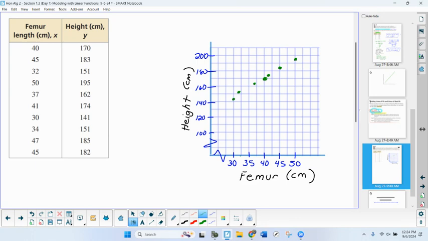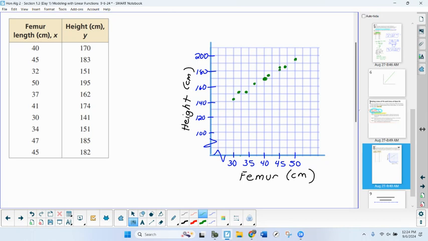Please use graph paper on this one tonight. Okay, this is hard because I got a 45, 183 and a 45, 182 with a marker.